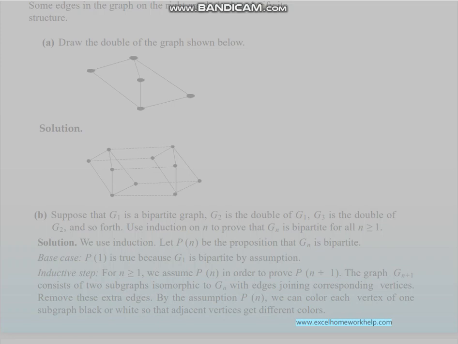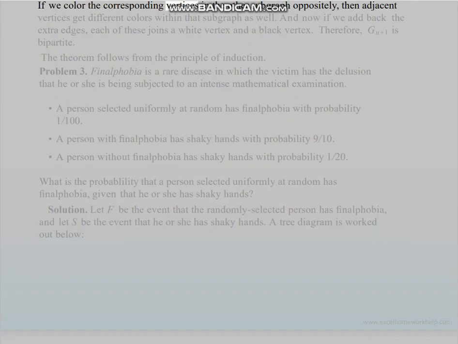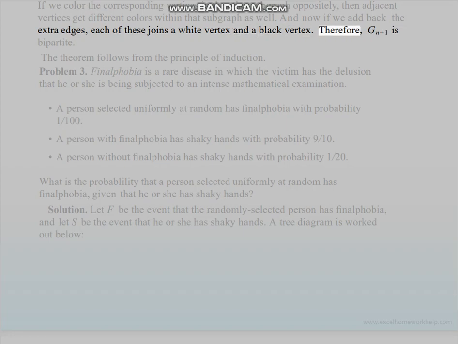If we color the corresponding vertices in the other subgraph oppositely, then adjacent vertices get different colors within that subgraph as well. Now if we add back the extra edges, each of these joins a white vertex and a black vertex. Therefore, G_{n+1} is bipartite. The theorem follows from the principle of induction.